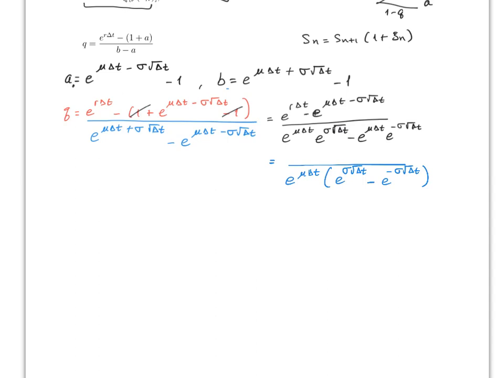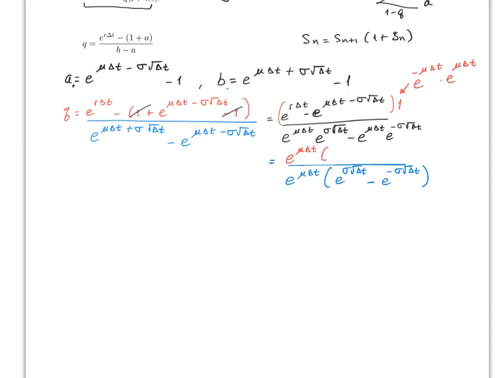On the top, if we use the same trick from before, which will be to multiply the whole thing by 1, but here by 1 we're going to use e to the minus mu delta t times e to the mu delta t, and you can see that you will be able to factor e to the mu delta t.